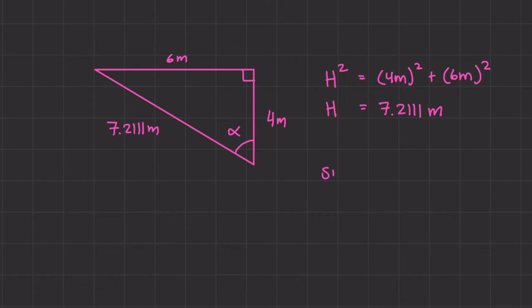So the sine of alpha is going to be, well, sine is opposite over hypotenuse. So opposite is this 6 meters divided by the hypotenuse, which is 7.2111 meters. And then for cosine of alpha, that's going to be adjacent over hypotenuse, and that is 4 meters over the hypotenuse.